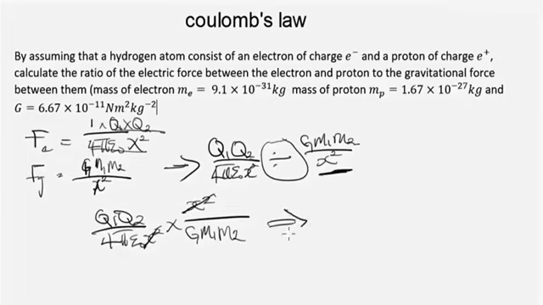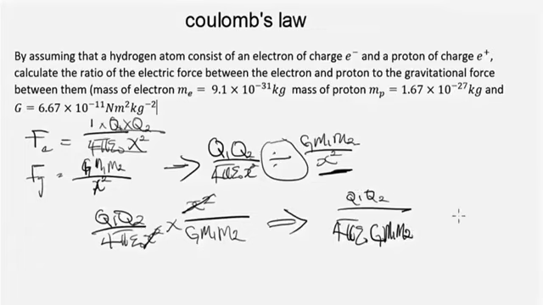So this equation will in turn be Q1 Q2 over 4 pi epsilon naught G M1 M2.